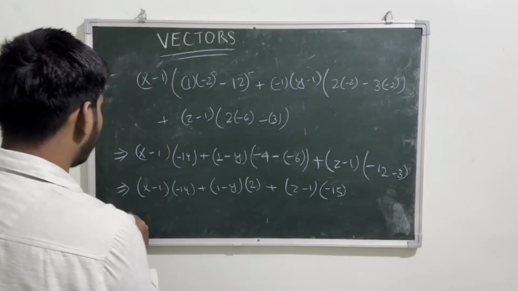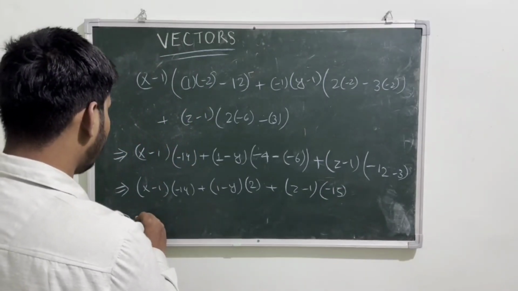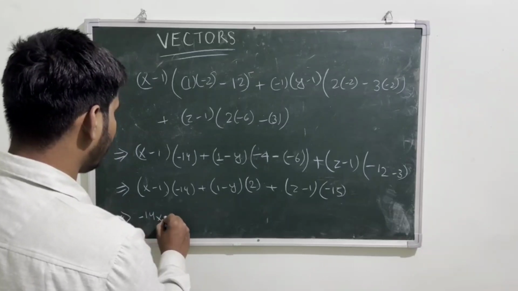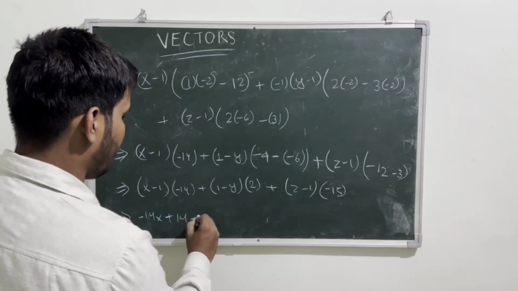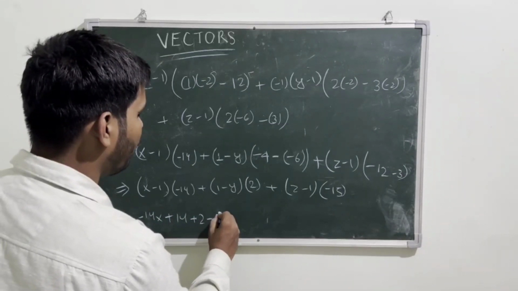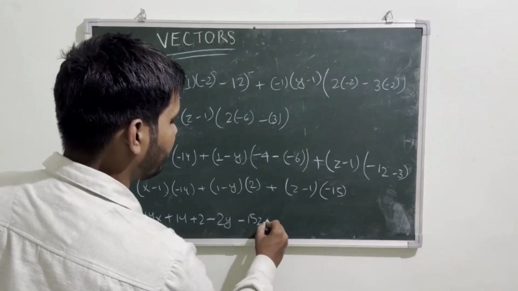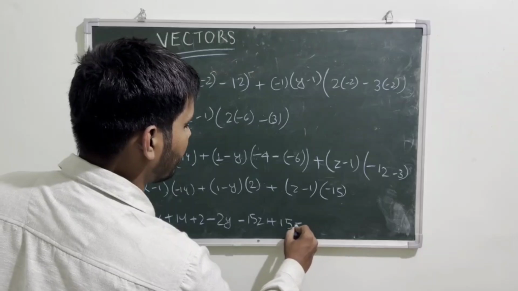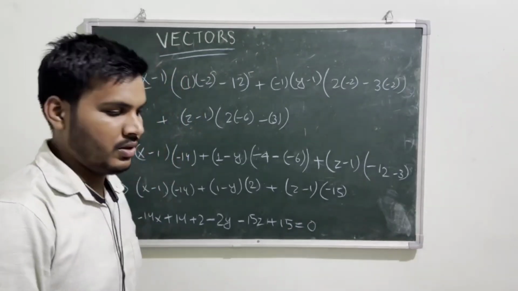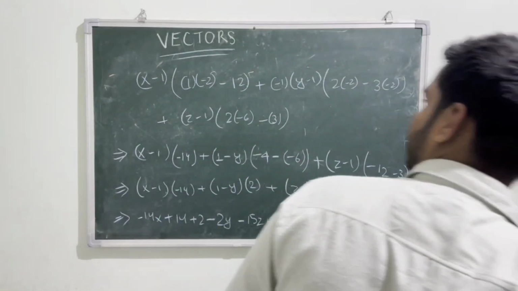Now we have to solve this equation. It will be -14x + 14 + 2 - 2y - 15z + 15 = 0. Now we will solve this equation.